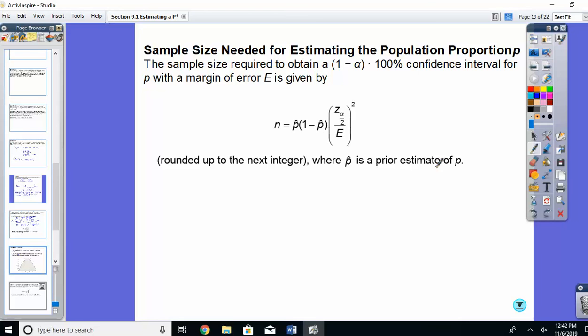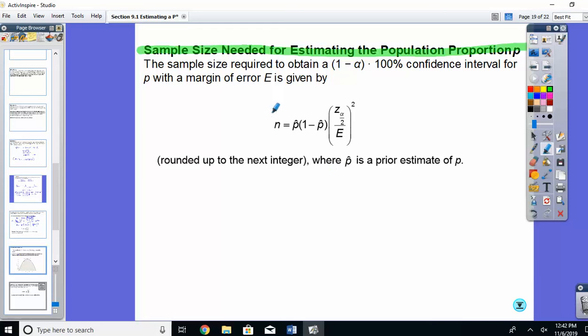So what you need to write down, these are on your formula sheet. If you look in chapter 9, over at sample size, we are looking at the first bullet there. So to estimate the population proportion, this is the sample size needed to estimate our p.